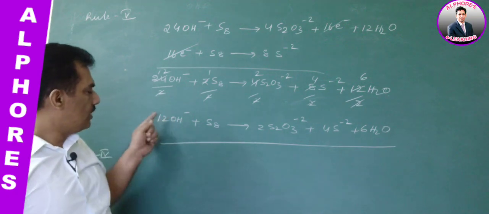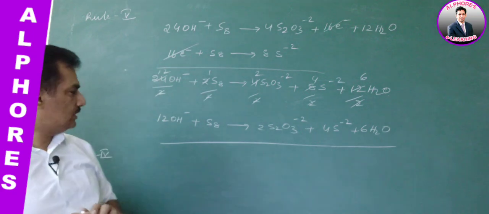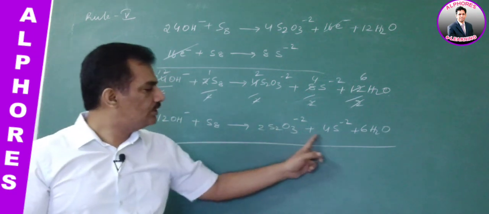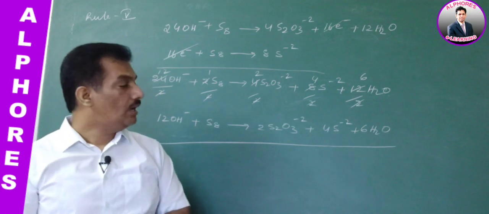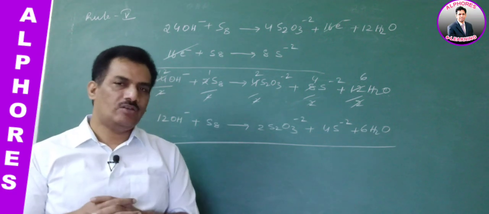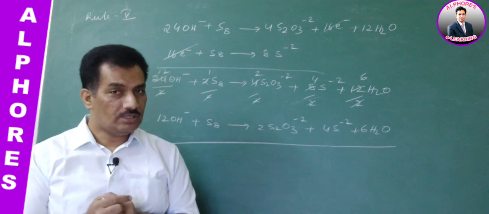And with this there are 12 oxygens, 6 and 6, total 12 oxygens, and 12 hydrogens, just 6 into 2, 12 hydrogens are there. Like that we are balancing the equation in basic medium. Are you clear, my dear students?